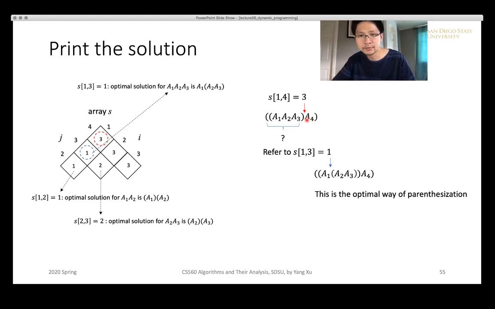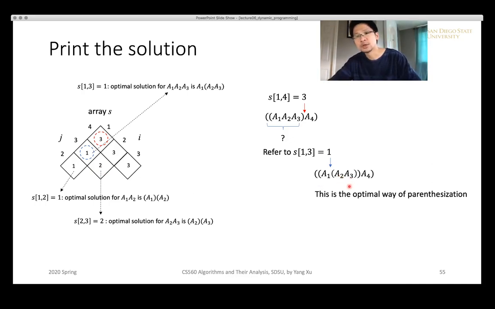Okay, so how do we further split A1 to A3? It's easy because we just simply refer to the elements in S13, right? S13 is 1. It tells us that in order to solve it, we need to put a k right after A1. Okay, and A2, A3 is just 2 matrices put together. But if you refer to the table, it tells you that it should be 2 because you are splitting A2 and A3.